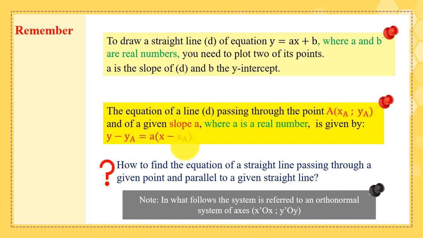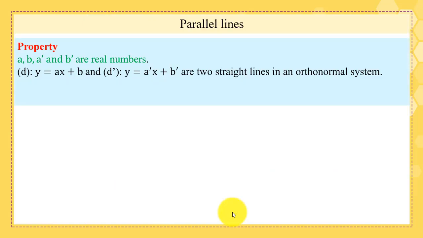Note that in what follows, the system is referred to the orthonormal system of axes x prime Ox, y prime Oy. Property: given the real numbers a, b, a prime and b prime, and the two straight lines D of equation y equals ax plus b and D prime y equals a prime x plus b prime in an orthonormal system, we say that D and D prime are parallel if their slopes are equal.